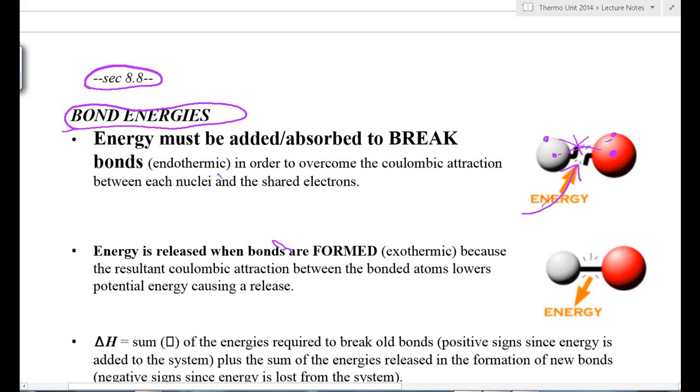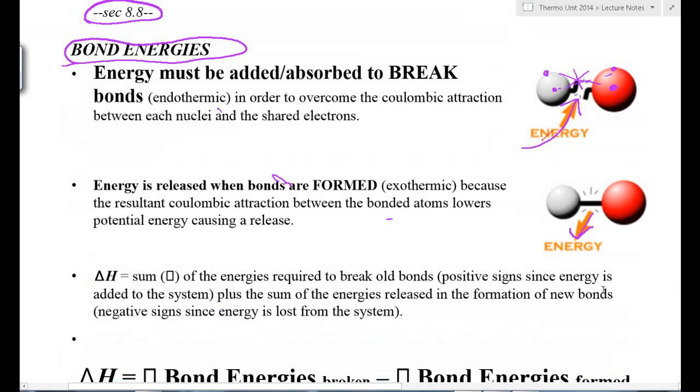Okay. And the second thing, of course, is that when you form a bond, you are releasing energy. You've got to release energy when you form a bond, because that's why bonds form, right? So remember, if I'm talking about an ionic bond, I'm talking about losing electrons or gaining electrons in order to get a full octet.